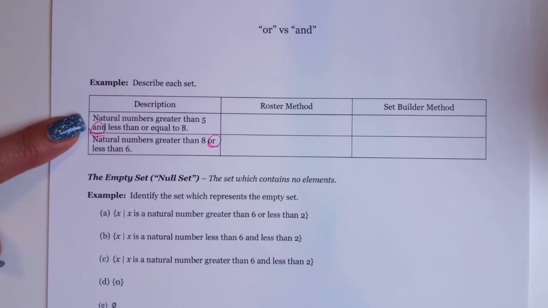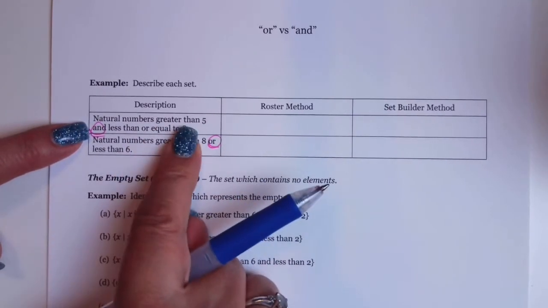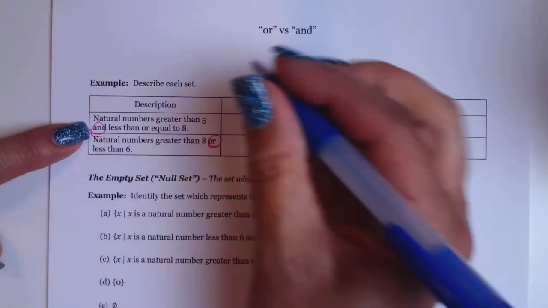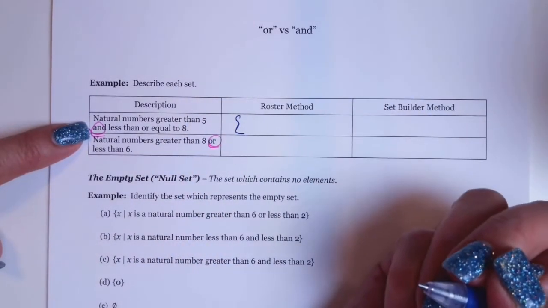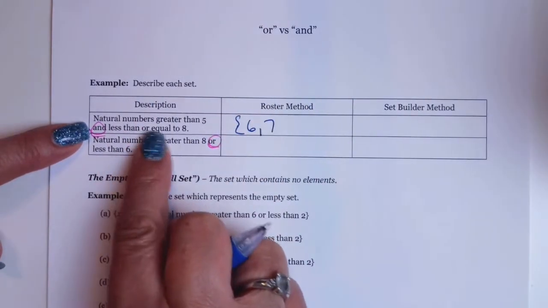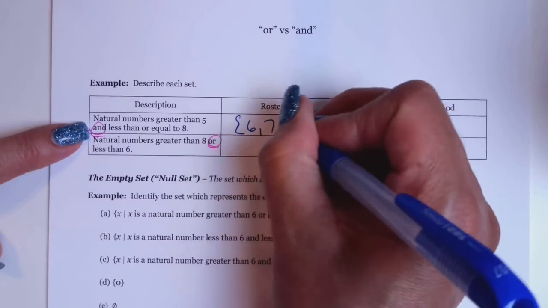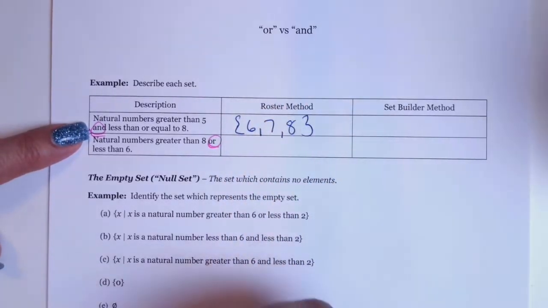Natural numbers greater than 5 and less than or equal to 8. So natural numbers greater than 5, that would mean that 6 would be the first one. 7, less than or equal to 8. Since it has that equal to, 8 is included in it. And that is it.